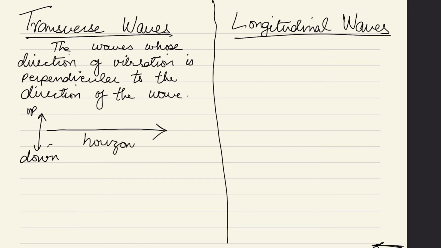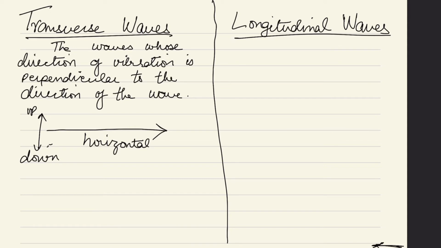The wave itself is moving in the horizontal direction, but the vibration is up and down. So such waves are the transverse waves, where the vibration is perpendicular to the direction of the wave.